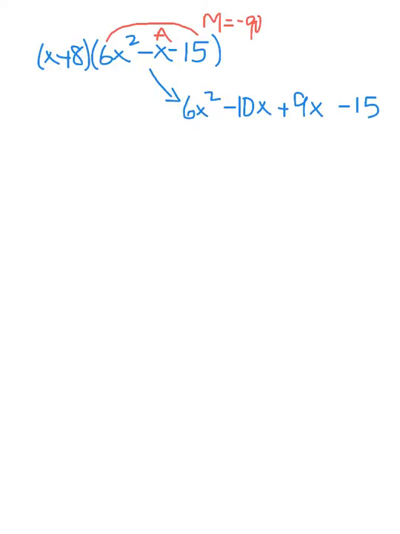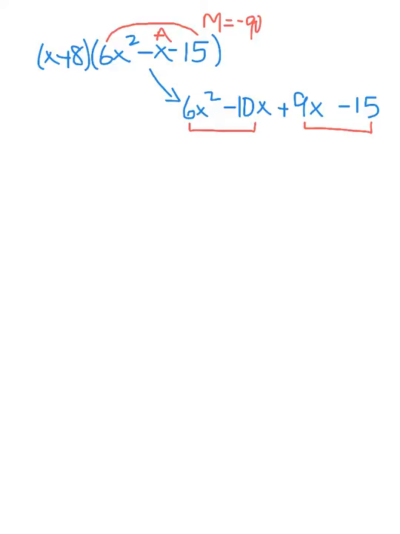Now, just a quick note. Whatever your middle term is here, in this case it's an x, that's the variable that will go next to these two numbers right here. Okay? All right. So then next what we want to do is, remember, we want to group. So we're going to group our first two terms, and we're going to group our second two terms, and we're going to look for a GCF that we can take out of each of those.